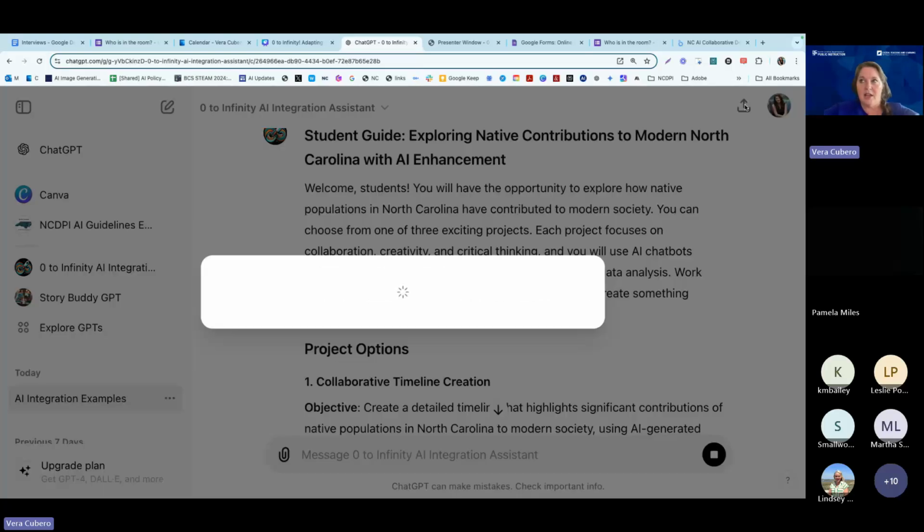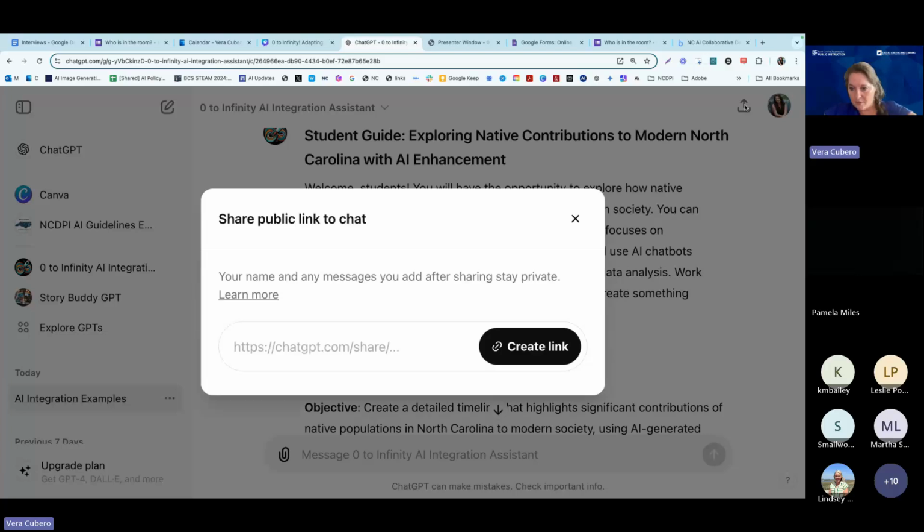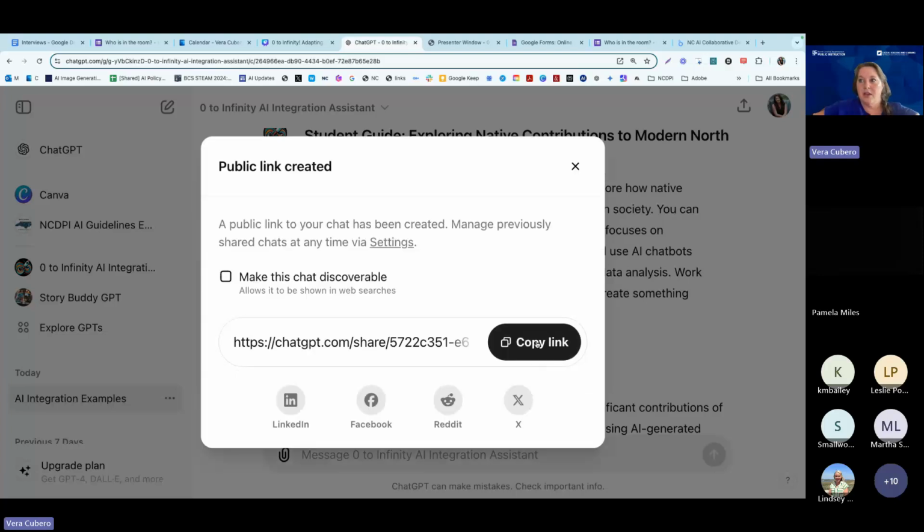And when you click that link, and this is what I recommend students do too, it should very quickly give you a link that you can then submit to that Padlet or drop in the chat. Then you say create link, and it will give you a link there and copy it.